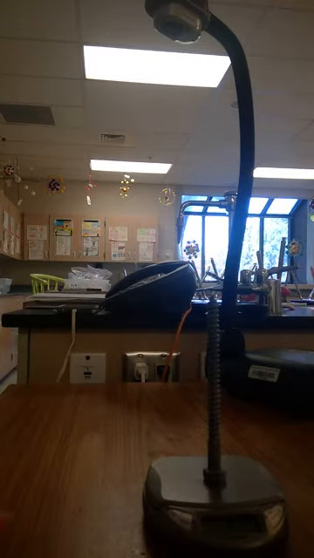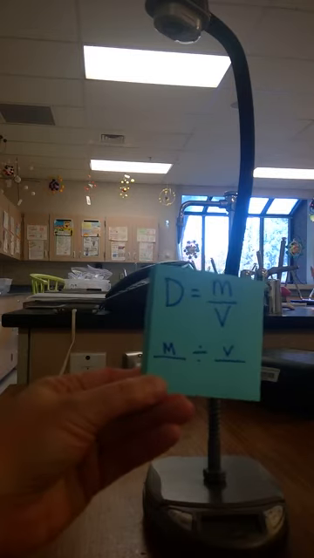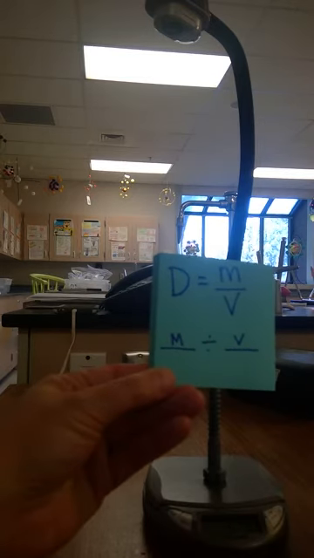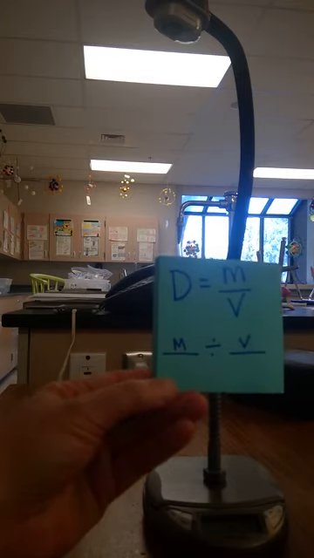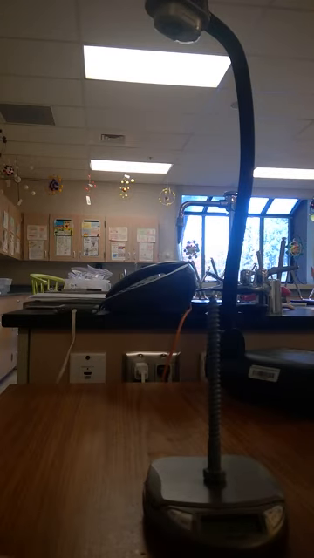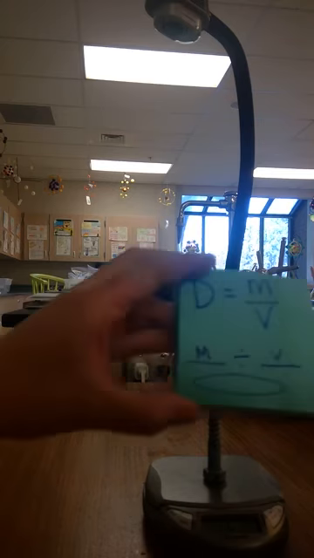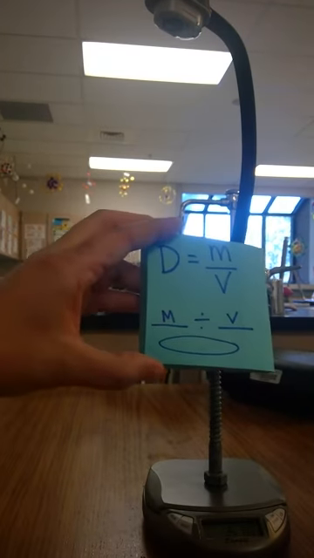So you're going to type into a calculator what you have for your mass. And then you're going to hit the divide sign. And then you're going to hit what your volume was. If there are decimals, include decimals. And then you're going to hit the equal sign. You're going to get a number. That number is your density.